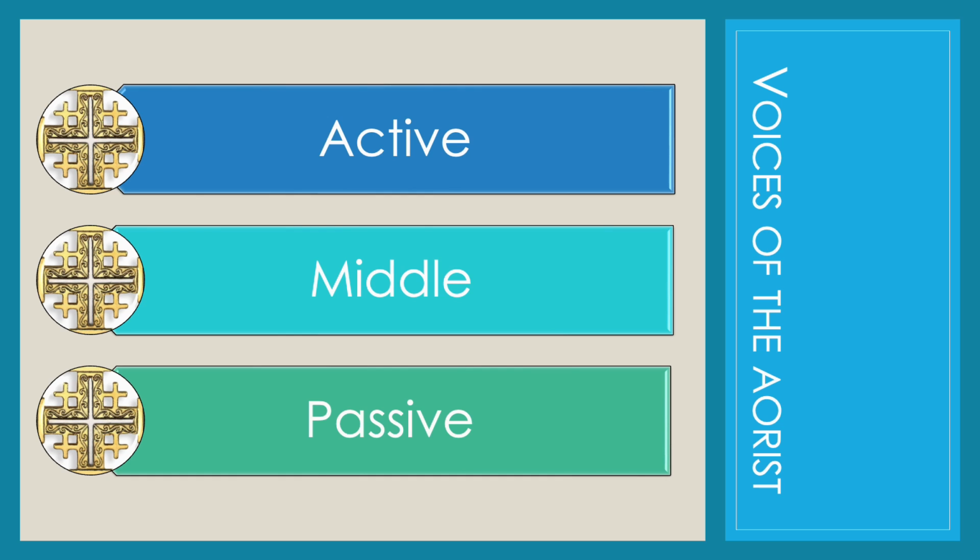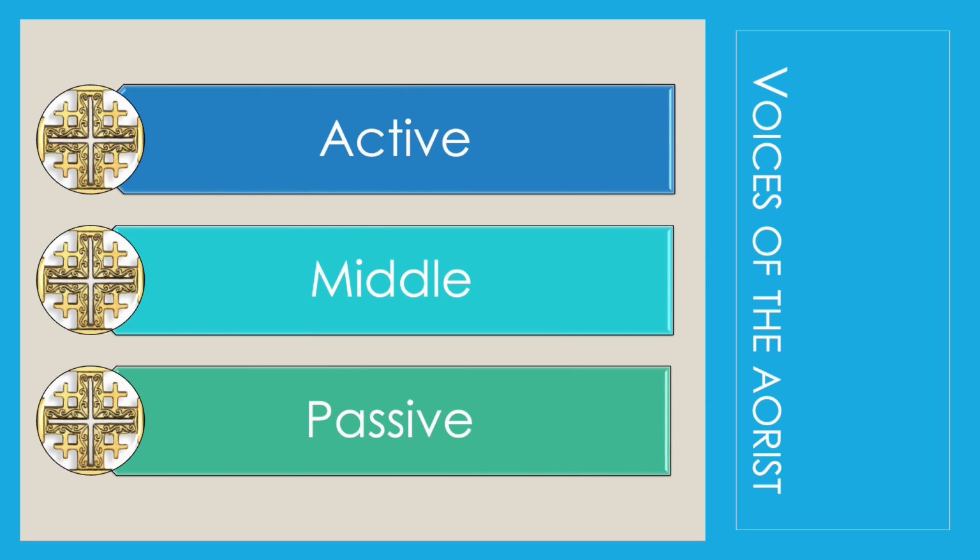And passive voice is used where the subject of the verb is receiving from, positively or negatively, or in some way benefiting from the action of that verb. For example, he heard, or where it says Pontius Pilate became afraid, that's a passive, for example.